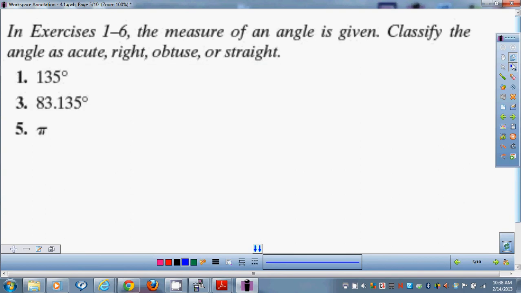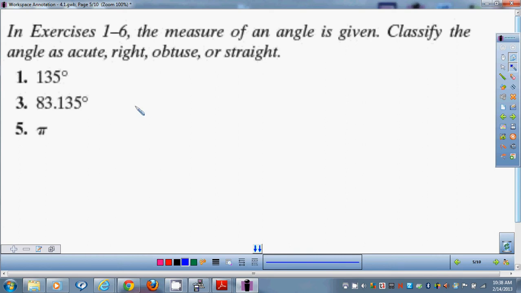Sam, what is an acute angle? Very good. Which of these is an acute angle? Very good. What's an obtuse angle? Very good. What would number 5 be?